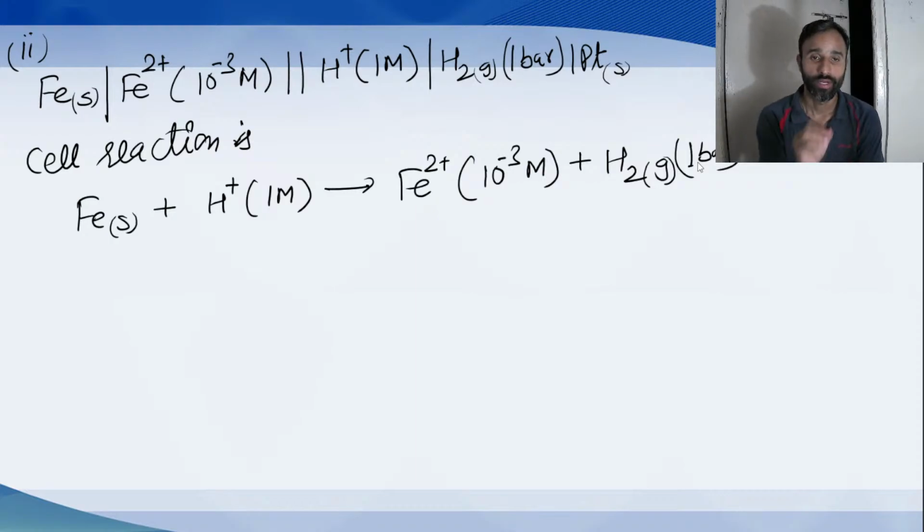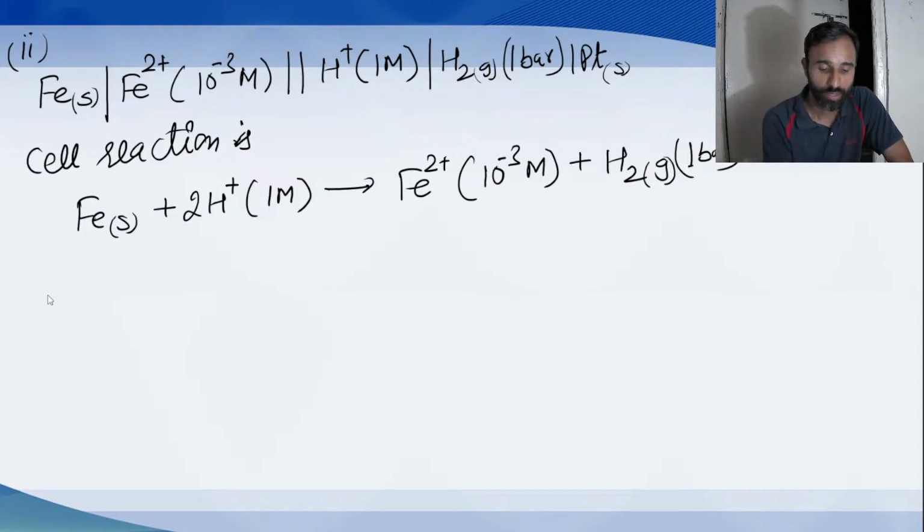Right? Now balance it. On the left side there is 1 plus charge, on the right side there is 2 plus charge, and hydrogens are also not balanced. Now hydrogens are balanced. Charge is balanced.